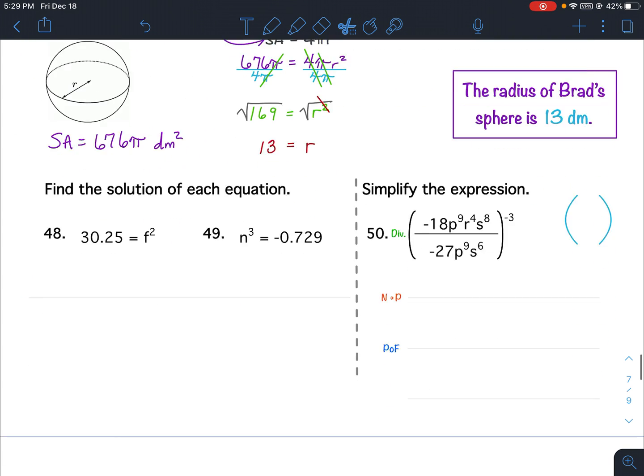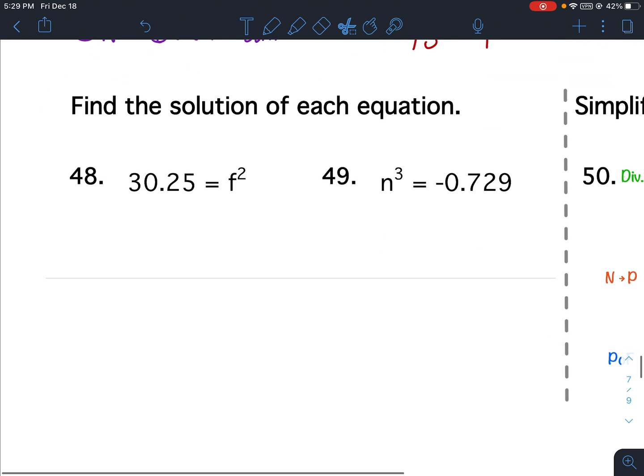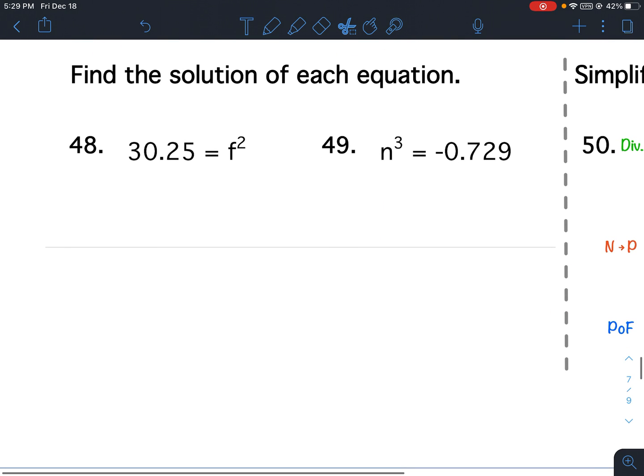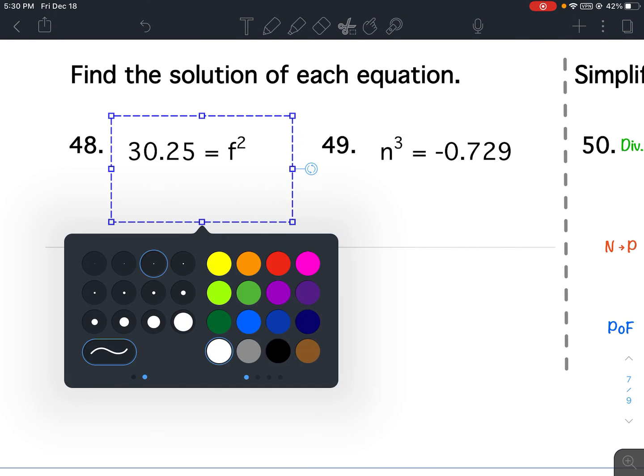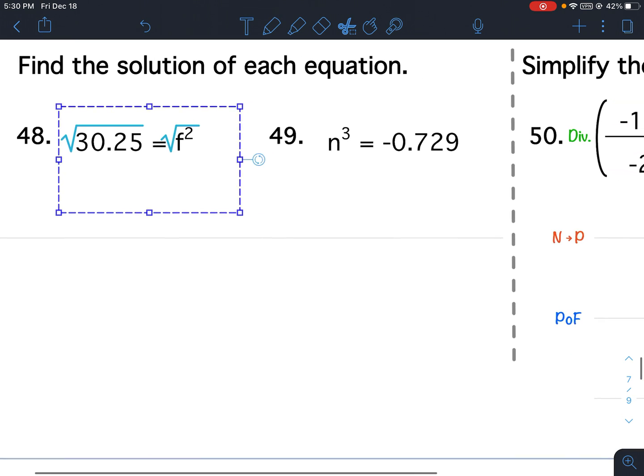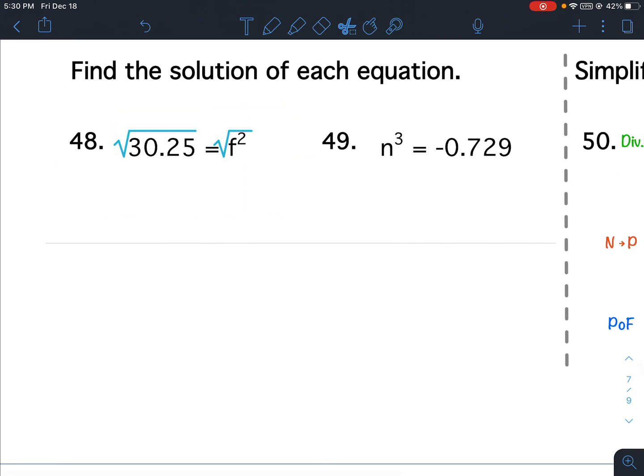All right, 48. Find the solution to each of the equations for 48 and 49. Again, we've got this square and we've got a cube. So the inverse to squaring a number is the square root. So I'm going to take the square root of both sides. That would allow me to cancel that.